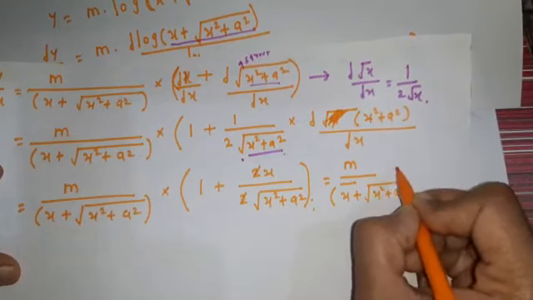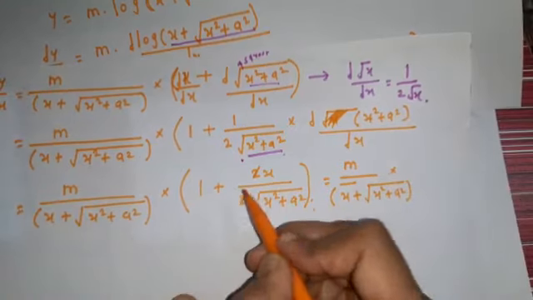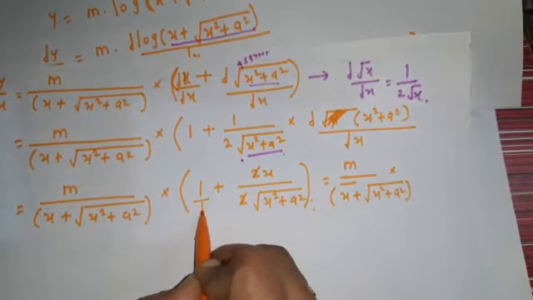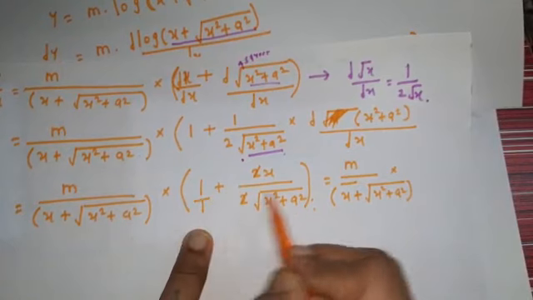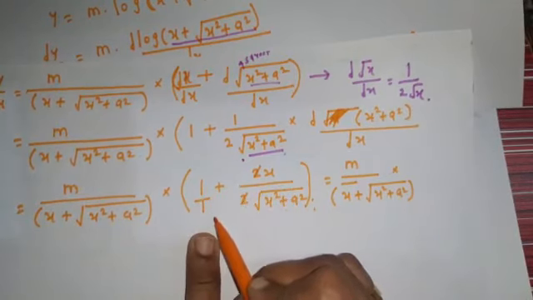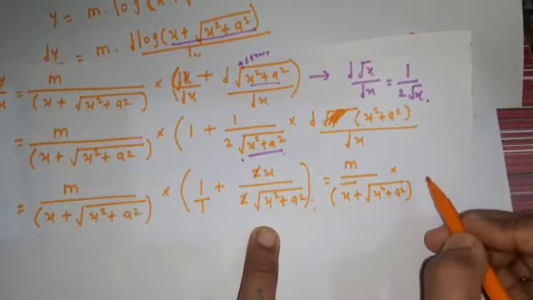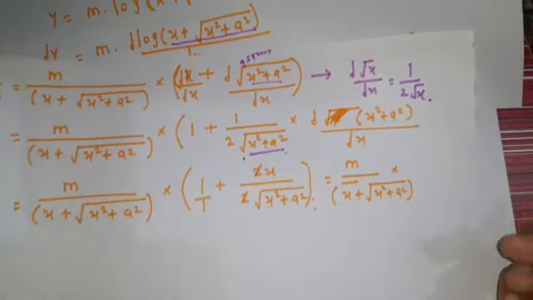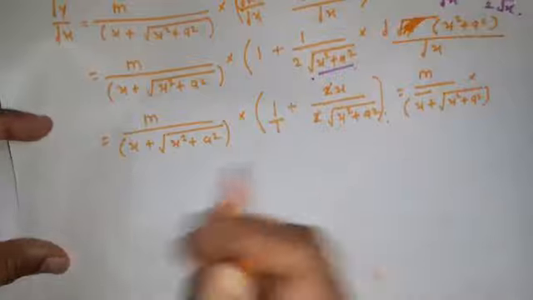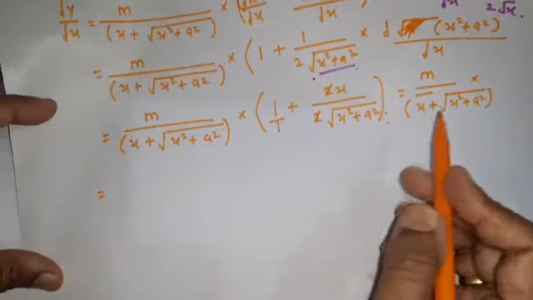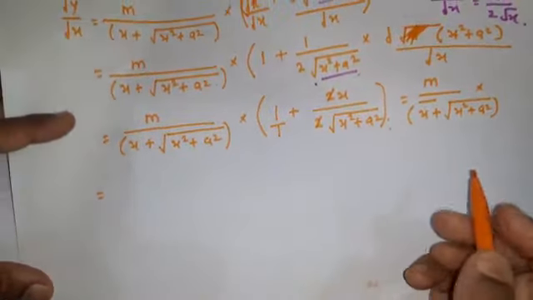a square into, here the term is 1 upon 1, and see in both the terms the denominator is 1, and here square root of x square plus a square. We will rewrite it here so that you can understand better.